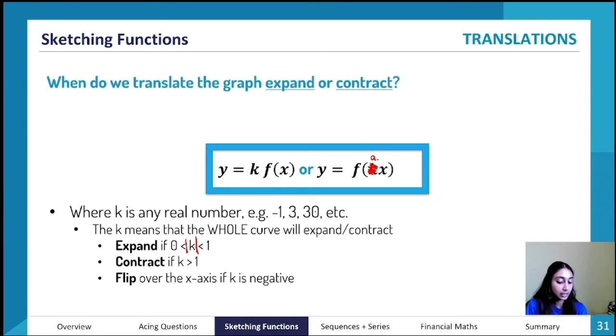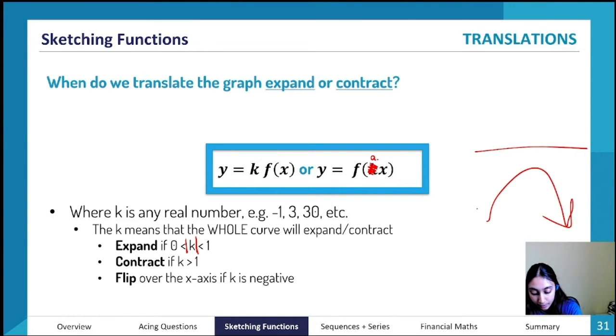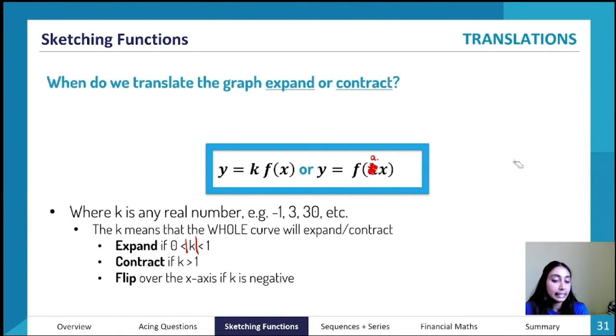It'll contract if k is between 0 and 1, and it'll flip over the x-axis, so it'll become negative, if k is negative. Now let's take a look at a, because a is like the complete opposite of that. Basically, if we're impacting k, we are making it become super long. If we're impacting a, we're changing its width.